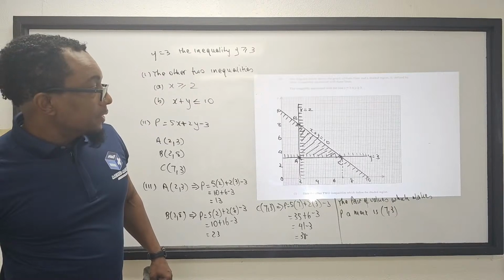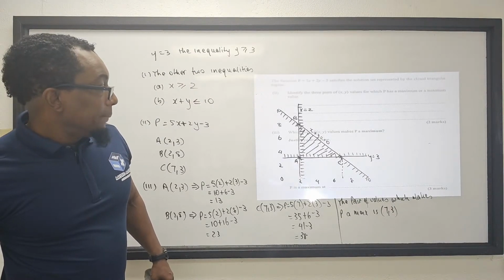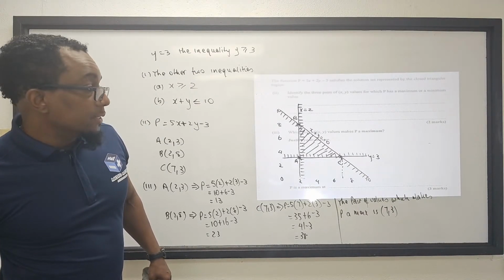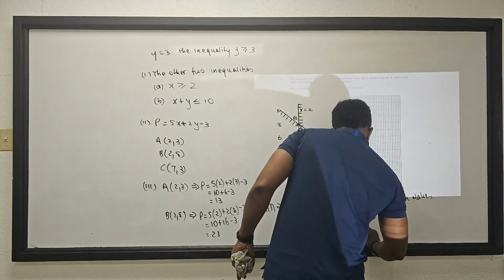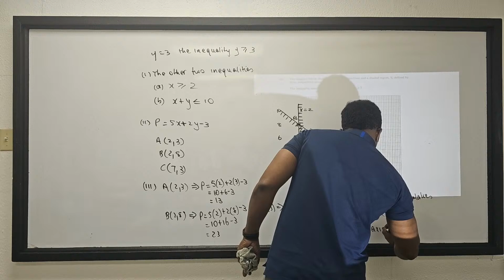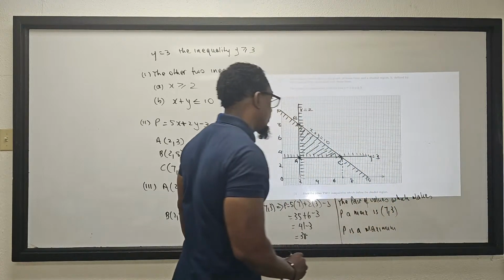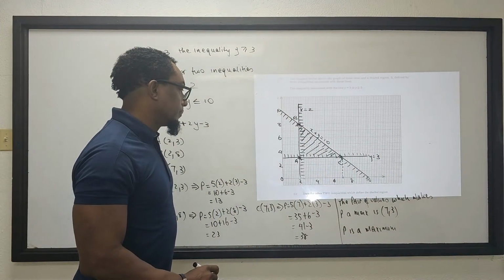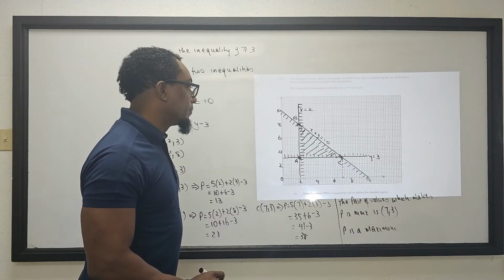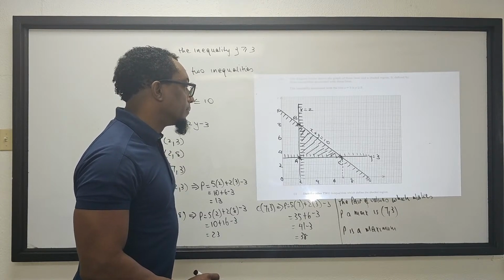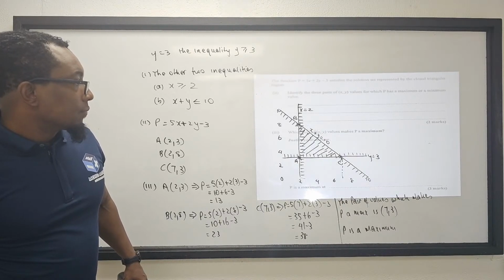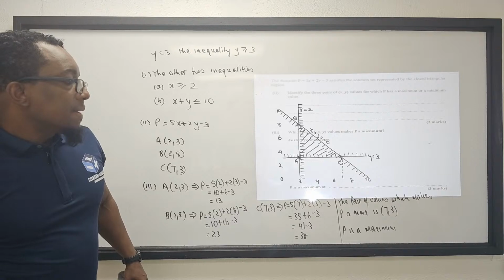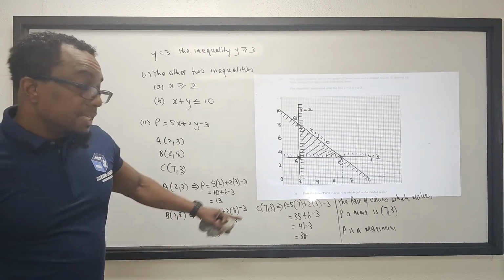And then they ask us, P is a maximum at what? So P is a maximum at 38, which we saw.